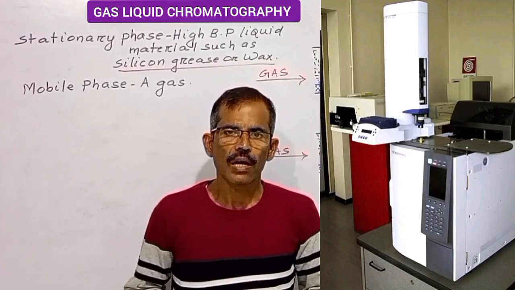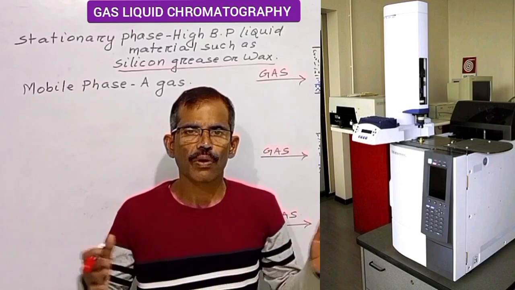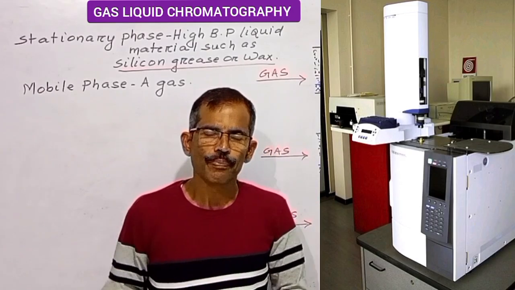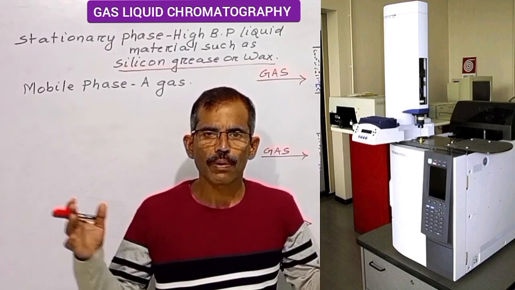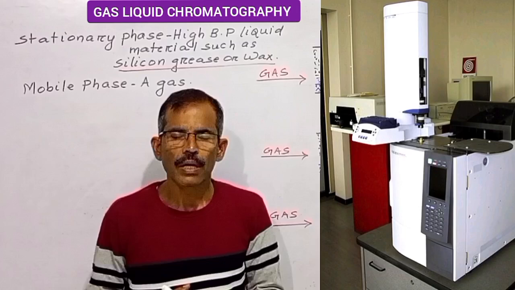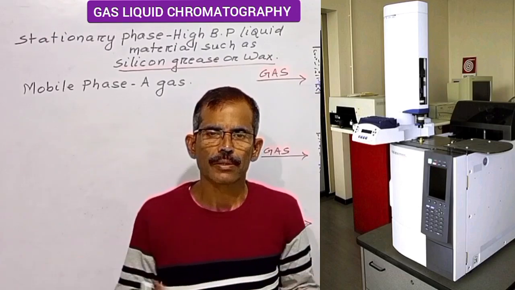Friends, gas liquid chromatography, GLC, is a form of column chromatography. Its principles are similar to those of high performance liquid chromatography, but the apparatus is significantly different.